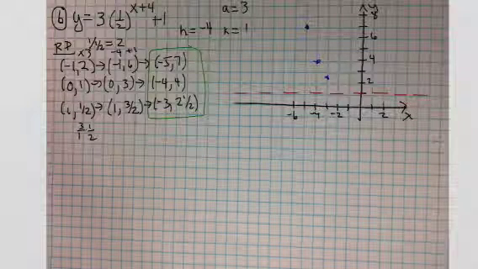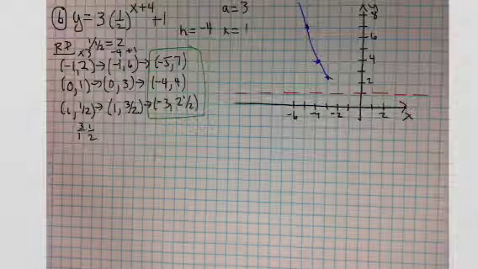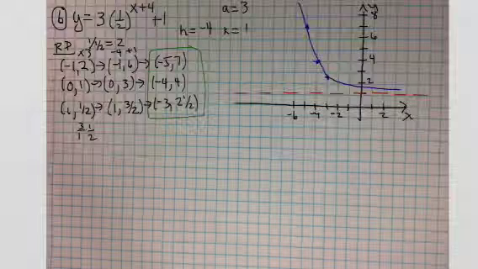Okay, so we could see right there the points are going down as you move to the right. Okay, there we go. So there's the graph.